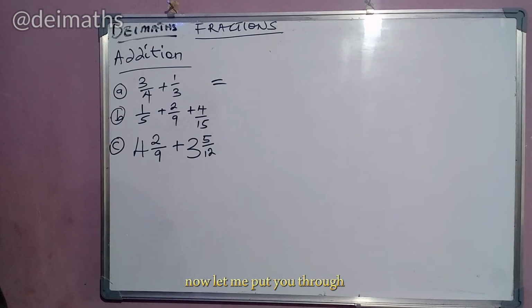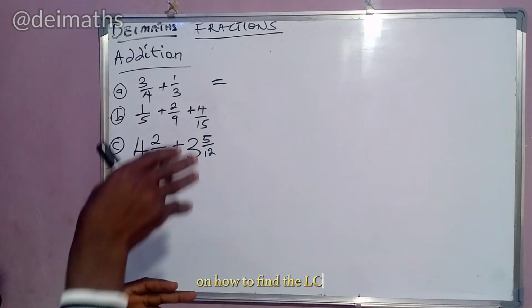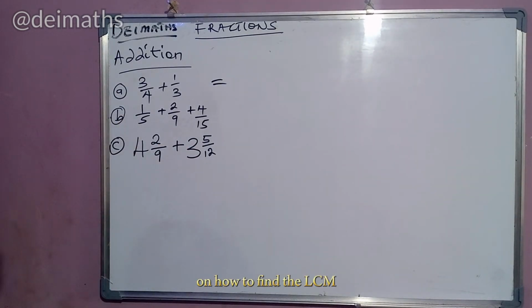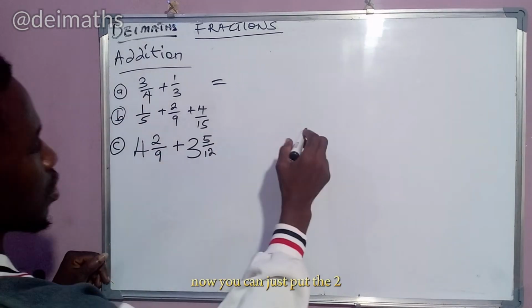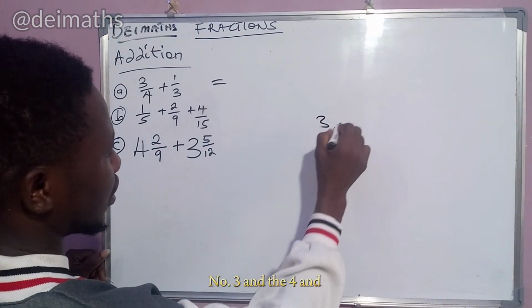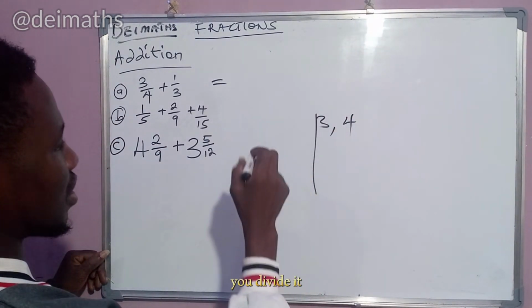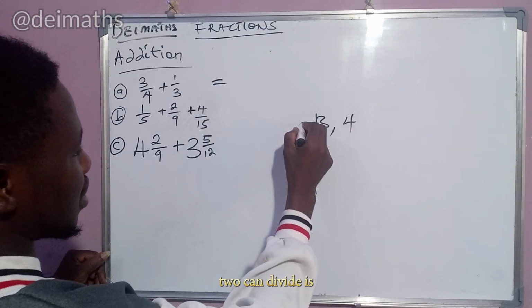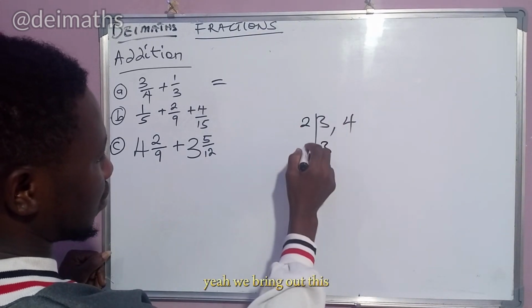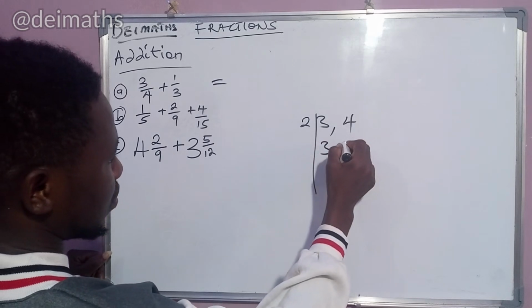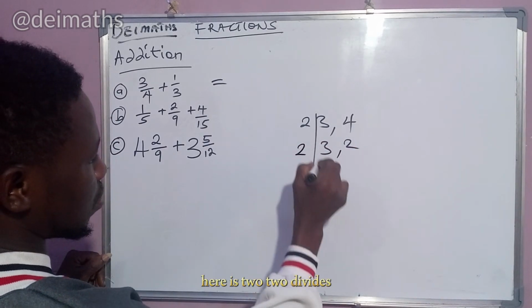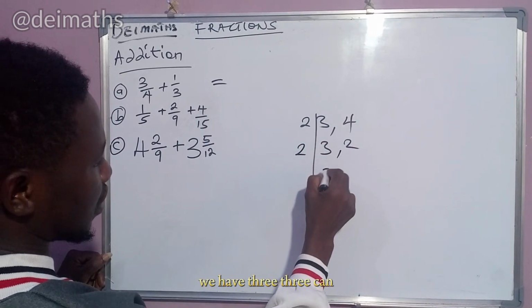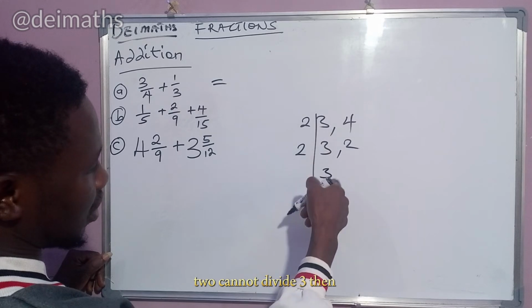Now, let me put you through on how to find the LCM if it will be hard for you. You can just put the two numbers, 3 and 4, and you divide. You check 2. 2 can divide 4, then we bring down the 3. Here is 2, 2 divides this. We have 3. 2 cannot divide 3, then you bring it down.